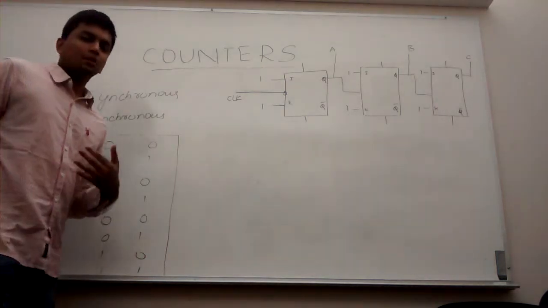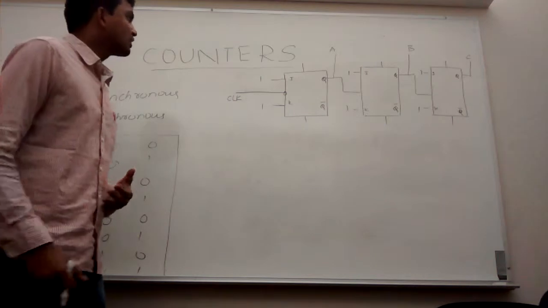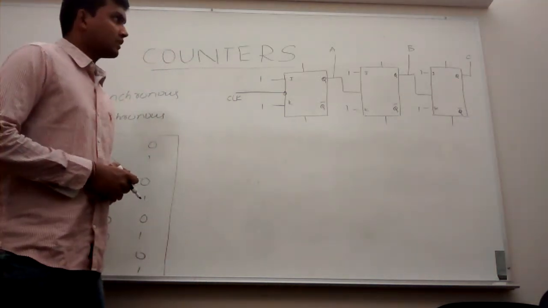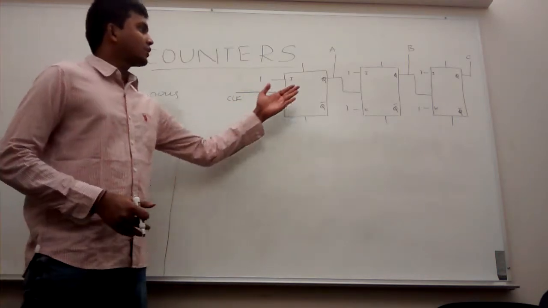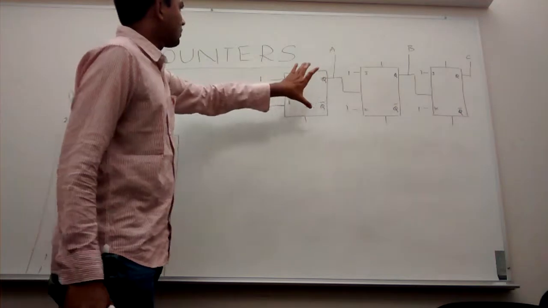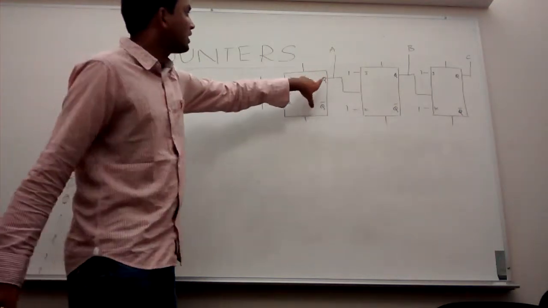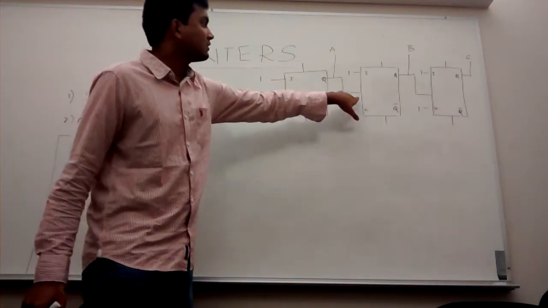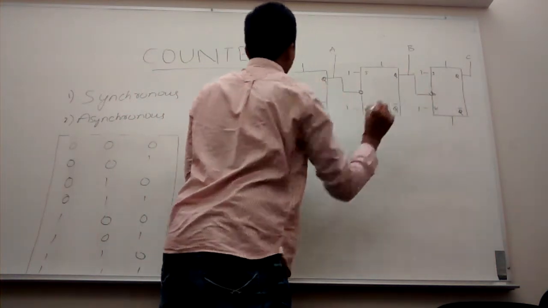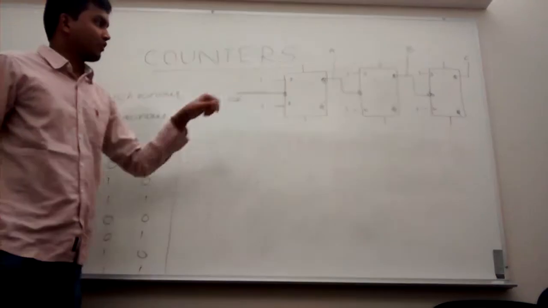As it is a 3-bit counter, I'm going to use 3 JK flip-flops in order to realize the asynchronous counter, and you can see the circuit diagram over here where there are 3 JK flip-flops. As I said, for the asynchronous counter, the output of the first flip-flop acts as the clock for the next flip-flop and so on, and the initial clock is fed to the first flip-flop.